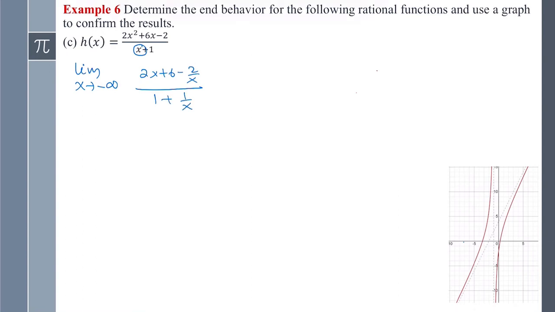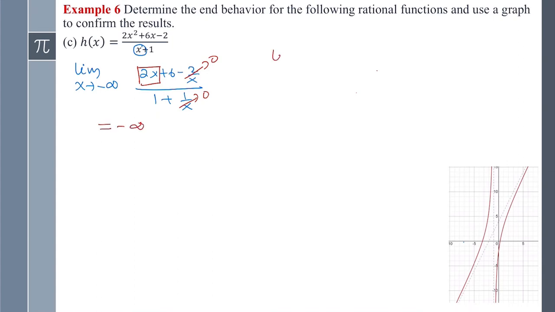Again, this approaches 0, this approaches 0. Now 2x, as x approaches negative infinity, approaches negative infinity. And if we add 6 or divide by 1, it really doesn't make any difference. So this limit is negative infinity.